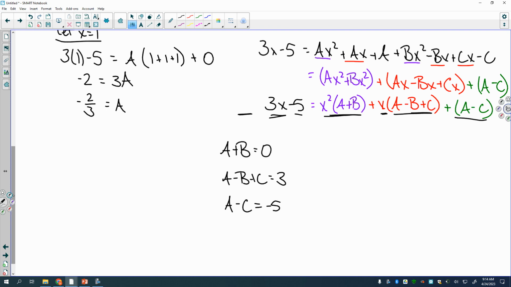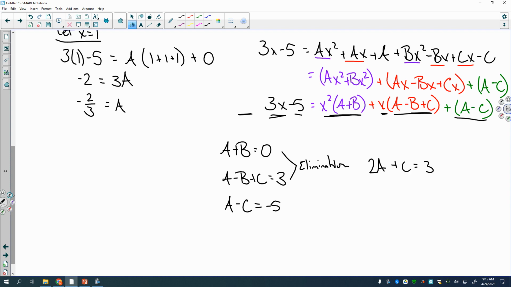Now, once I've got that, then I can go through and find the different things that I am looking for. I could do a lot of different things here. It kind of depends on how I want to go about this. I could probably plug in the A and make it work. Or I can just look at these two and do some elimination, combine those, and I get 2A plus C is equal to 3.